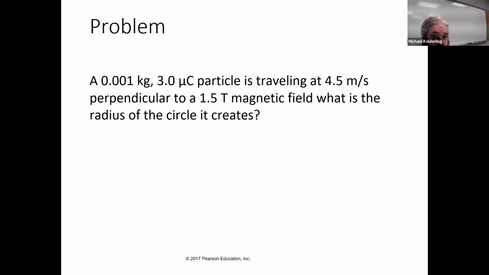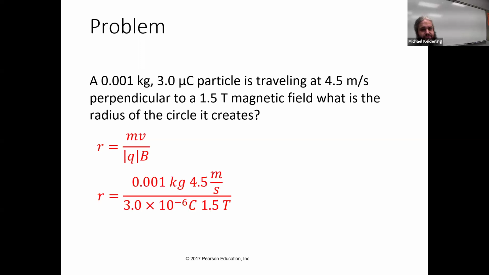So if you have a 0.001 kilogram, 3 microcoulomb particle traveling at 4.5 meters per second, perpendicular to a 1.5 Tesla magnetic field, what is the radius of the circle it creates? So for this, radius is mass times velocity over charge times magnetic field. And the radius is the same for positive and negative charges.